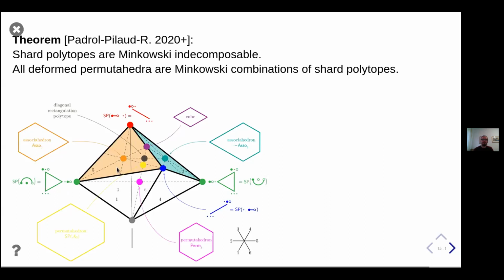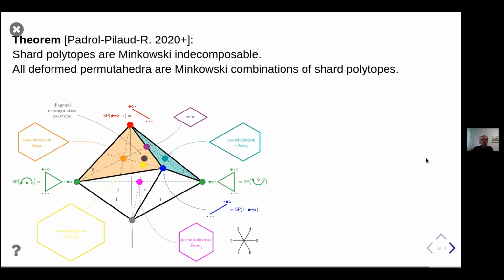And well, the polytopes in the interior here are different shapes of parametrahedra. And in the boundary, we get polytopes whose normal fan coarsens the braid fan. And while each shard polytope is one of the vertices, not all of the vertices are shard polytopes.